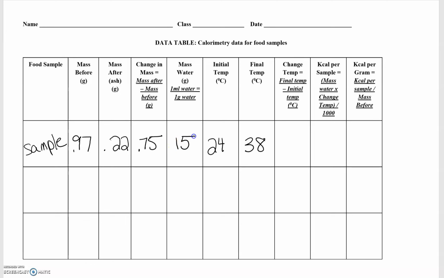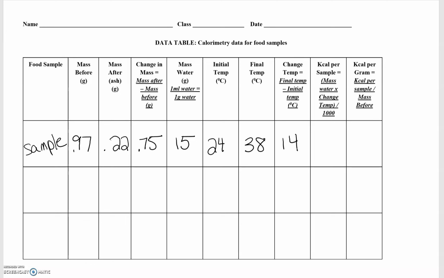So this value is going to be 15 for all of the foods that we've tested. We have our initial temperature of 24 degrees and our final temperature of 38 degrees. So we subtract, and we get a 14-degree difference between the final and the initial temperature.